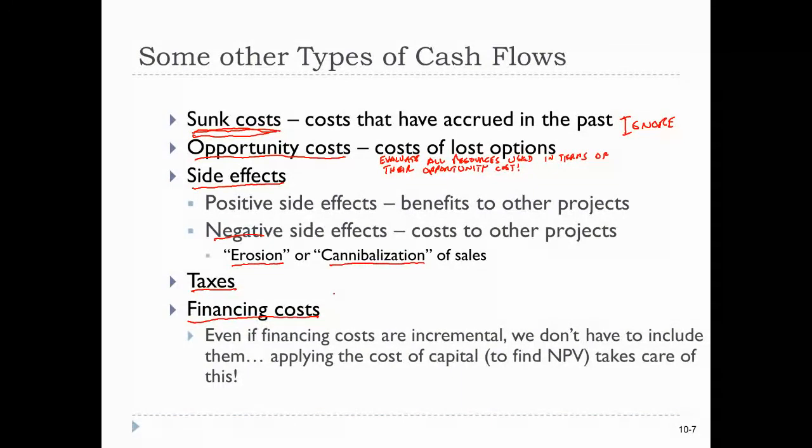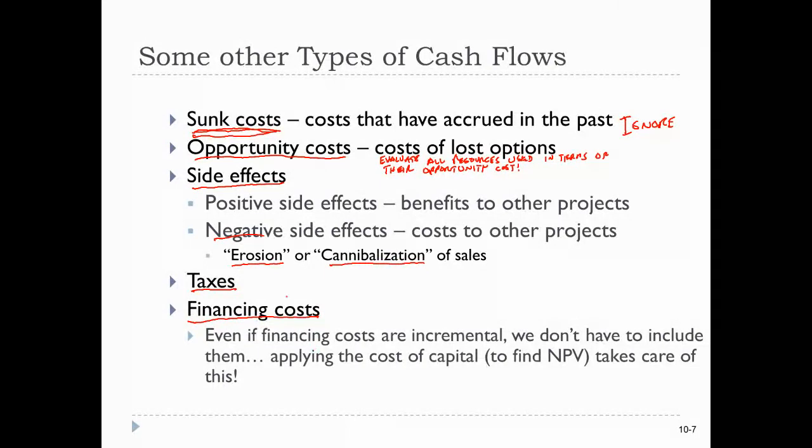So if we're going to raise $1 million and use it to build a factory, well, there will be a cost attached to that, to the use of that capital. It's tempting to want to put the coupon payments on the bonds down as incremental cash flows to this project. If we're issuing bonds to raise money to build the factory, then that kind of makes sense.